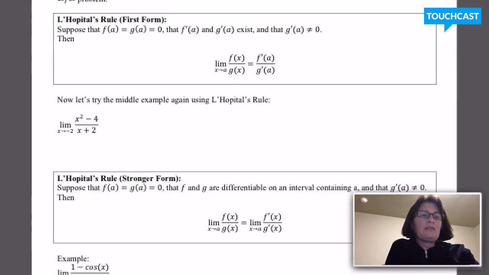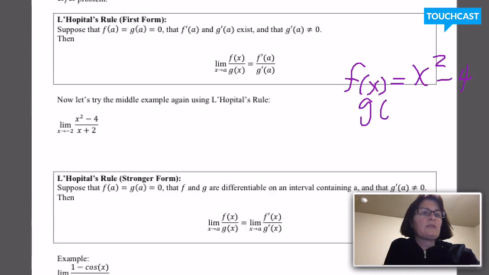If I want to take the limit as x goes to -2 of x squared minus 4 over x plus 2, notice in this case f of x is that numerator, so x squared minus 4, and g of x is x plus 2. A is that value that x is trying to approach. In this case, a is -2.